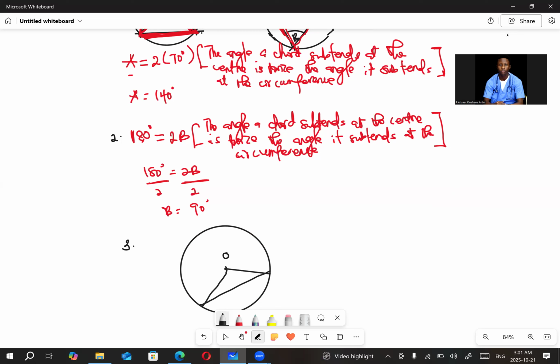Who is the center? Try this. If you're able to do that, that's our last example. Move to property 3. Oops, it's 10 o'clock.